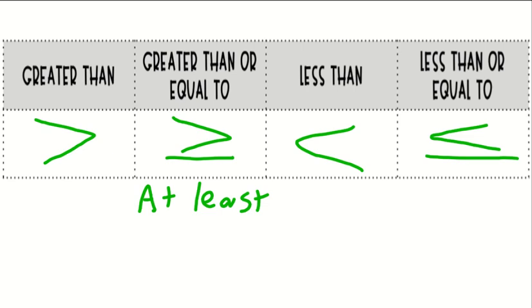So greater than or equal to. And less than or equal to can also be used as at most. Same idea. If I say grab at most 3 markers, that'd be 3 or less. Everybody got that?